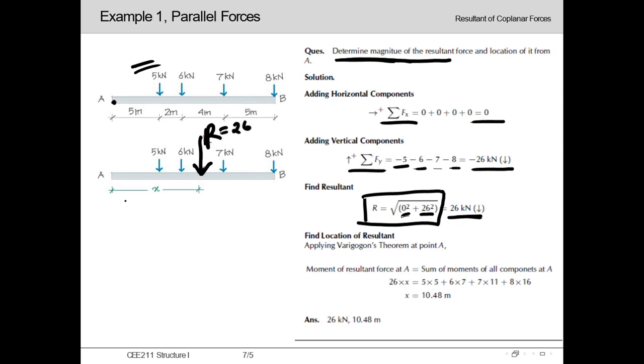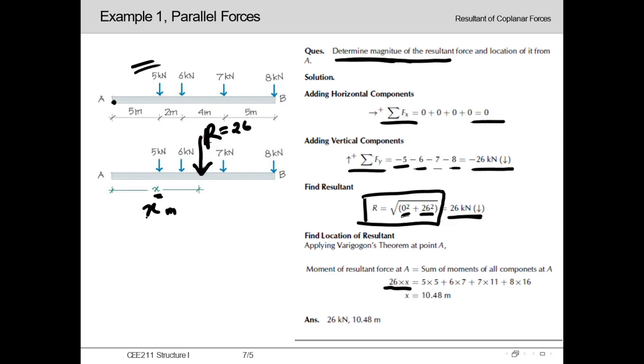Now let's consider this resultant R is acting at a distance of x meter, as all the units are in meter. So it is acting at a distance of x meter from point A. According to Varignon, the moment that will be created due to this resultant R will be equal to 26 into x.